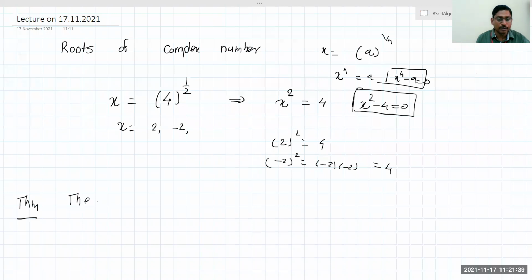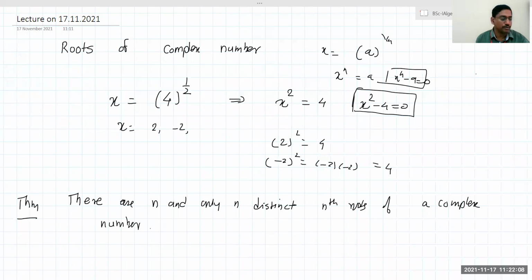Instead of prove, I'll show, write this: there are at most, and only n, distinct nth roots of a complex number, n being a natural number.